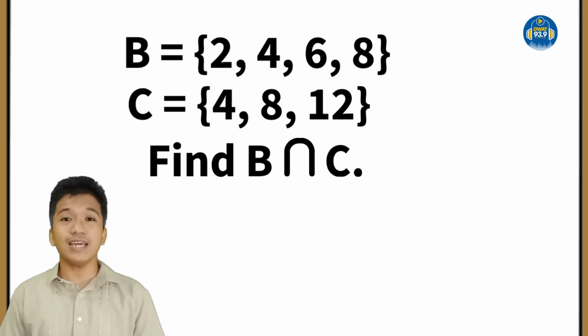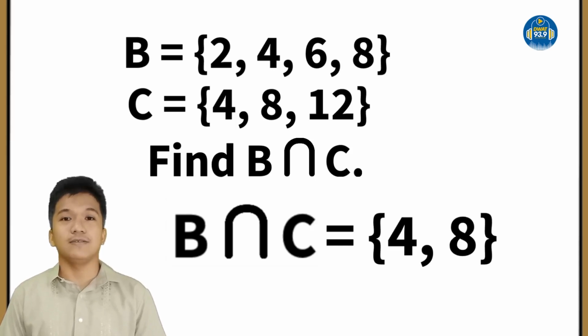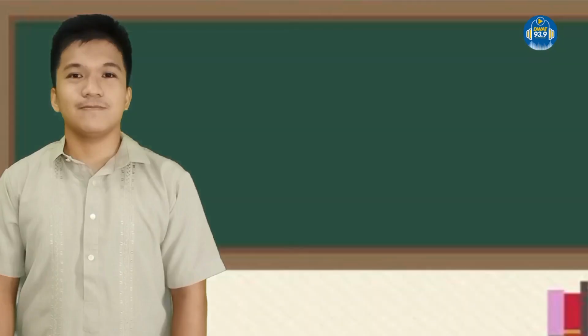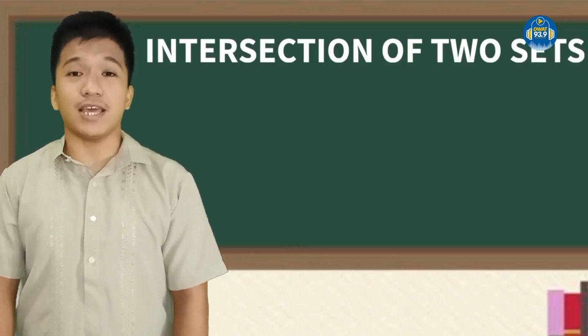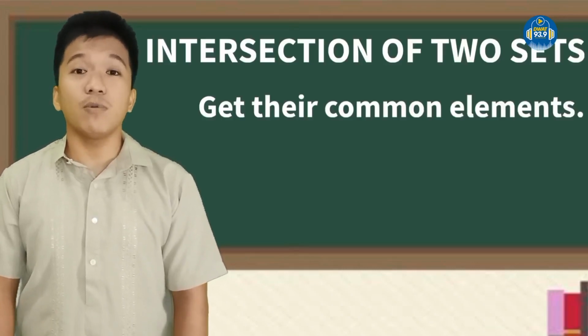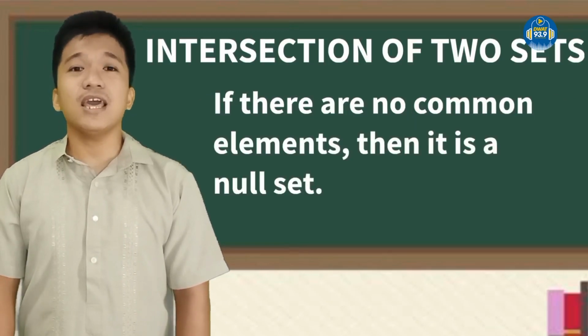That means we write it as B intersection C has the elements 4, 8. Remember that if we talk about intersection of two sets, we just get their common elements. If there are no common elements, then it is a null set.